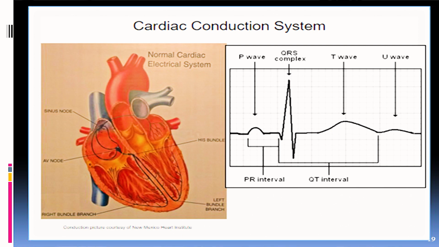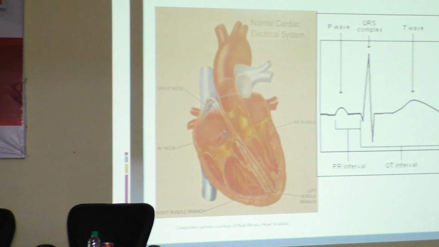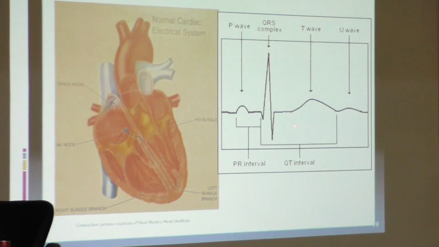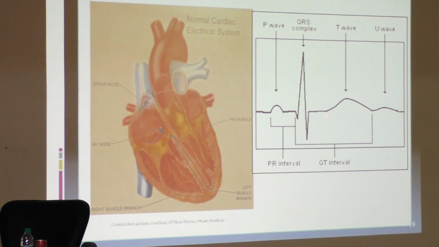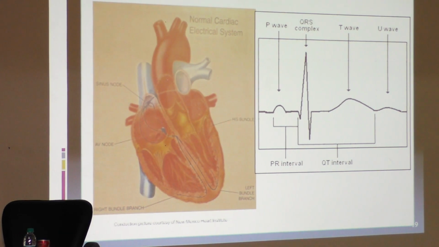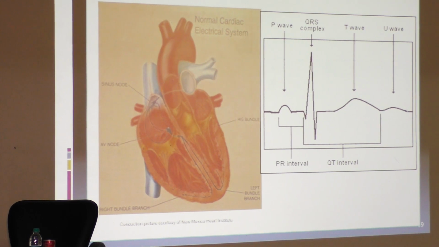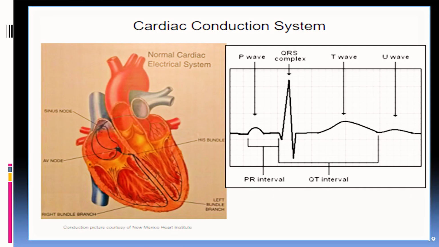So this is the Q, this is the R, and this is the S. This is the QRS, and this is followed by the T wave. QRS is because of ventricular depolarization, and after that this is the repolarization, and this is the T wave. So the entire ECG replicates this pattern: P wave, QRS, T wave.